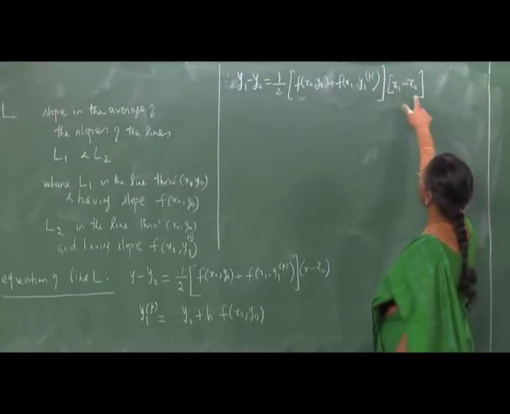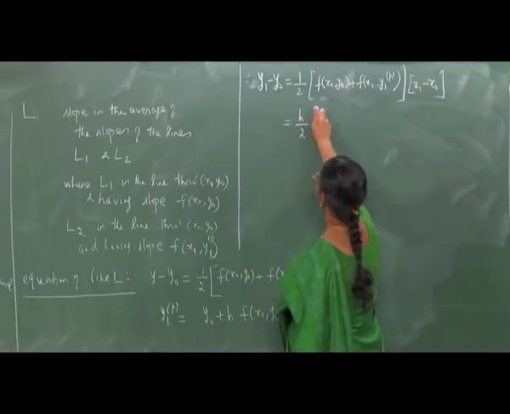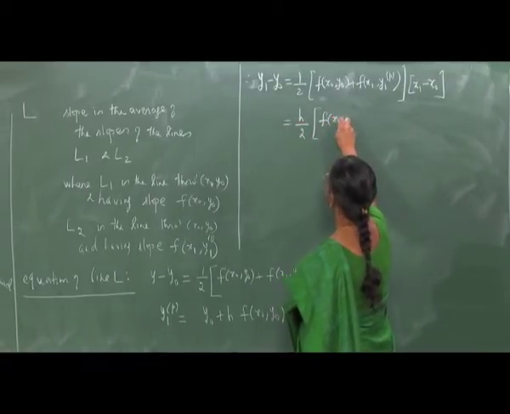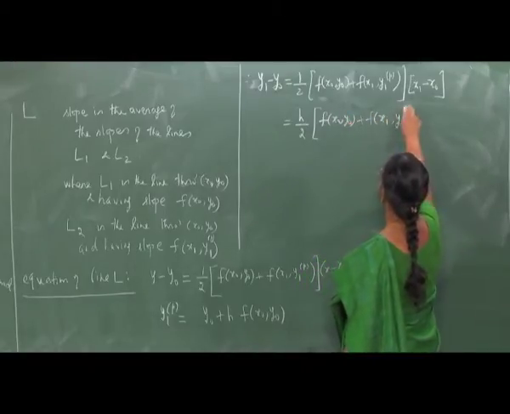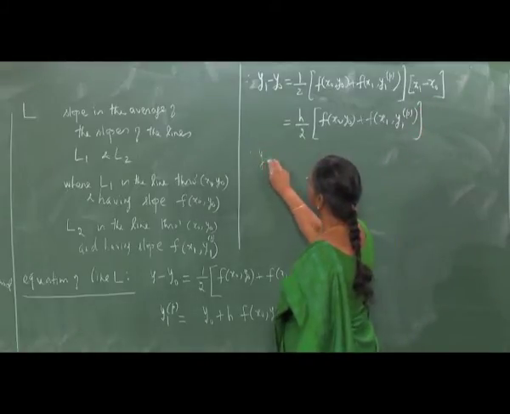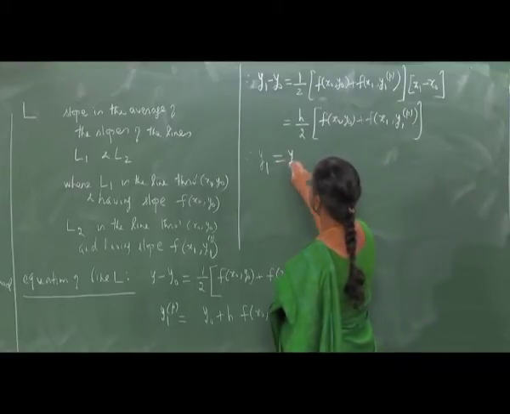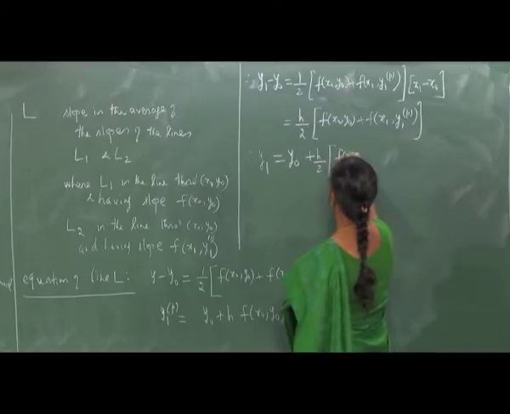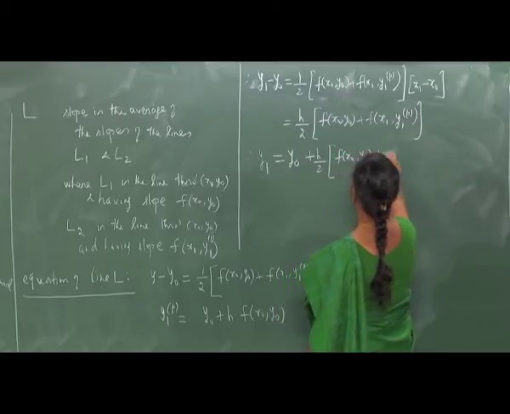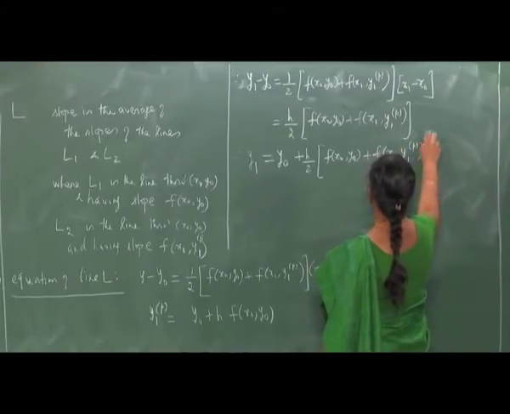But I know x1 minus x0 is the step size h. So, it is h by 2 into f of x0, y0 plus f of x1, y1 predicted, and therefore this gives you a new y1, equal to y0 plus h by 2 into f of x0, y0 plus f of x1, y1 predicted.